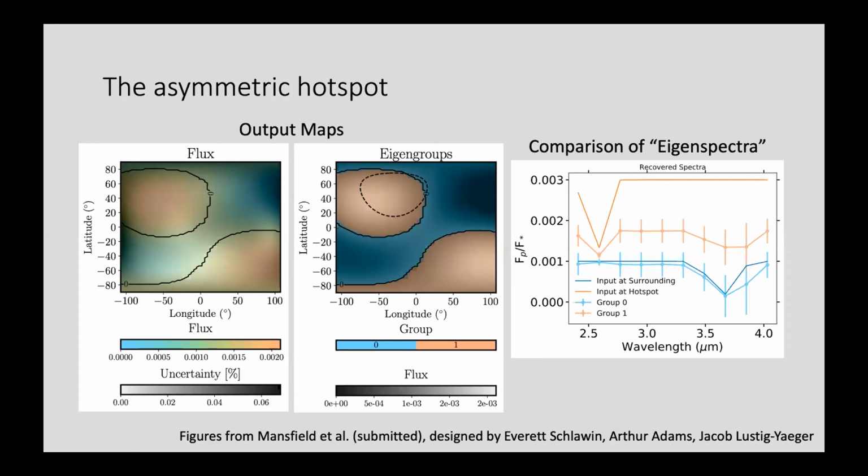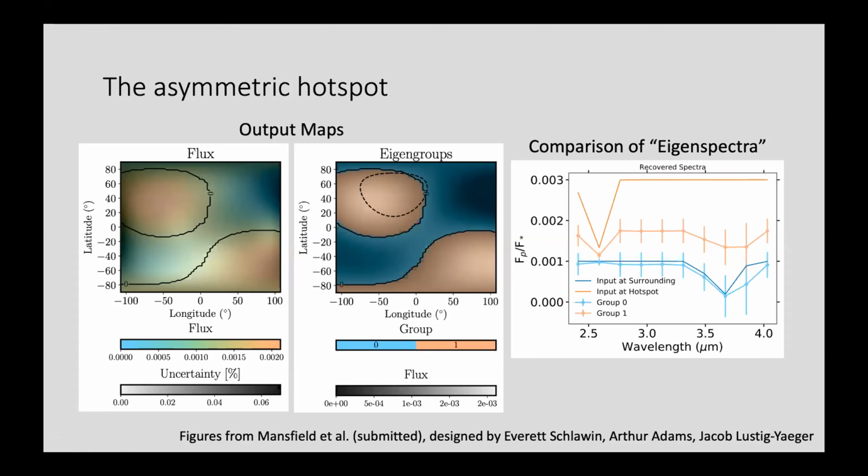So when you combine the first few of those eigenspectra, you inherently are kind of limited to getting those symmetric maps. So in this case, it picked up that there was an asymmetric hotspot over here, but it also grouped in this, we called it a ghost hotspot, because it was forced into making a map that was pretty symmetric about the substellar point.